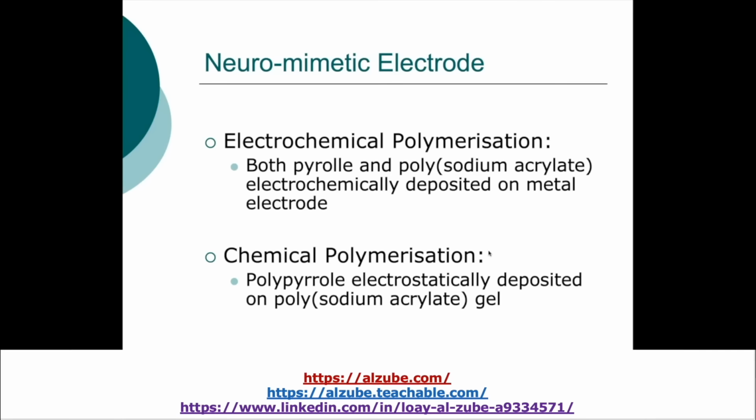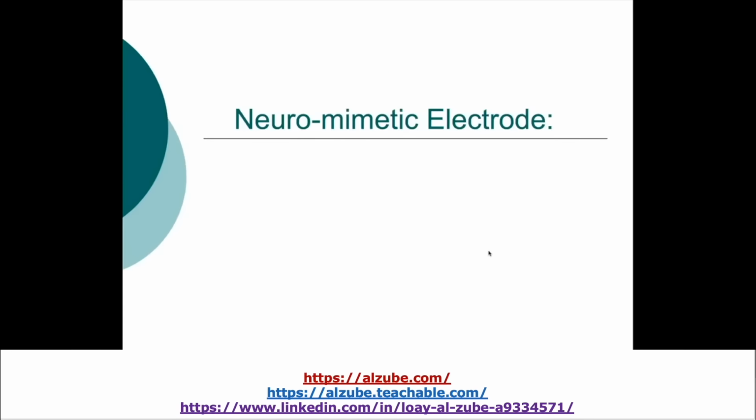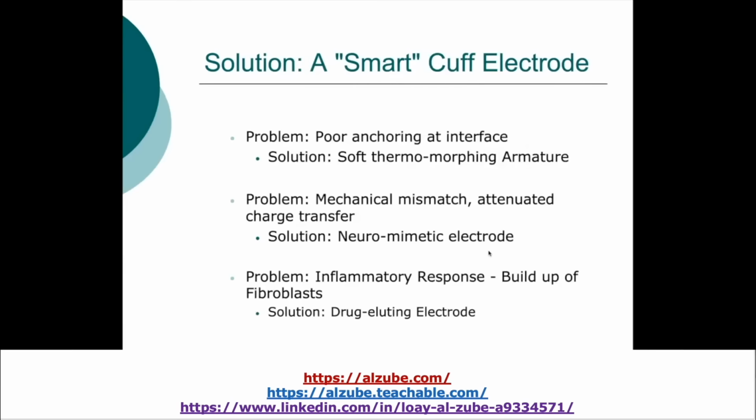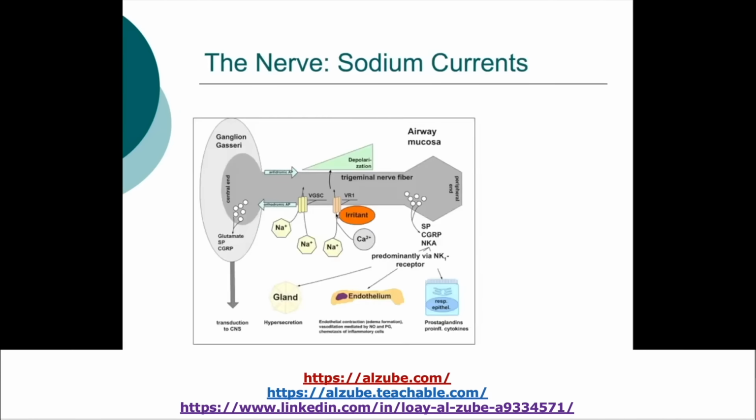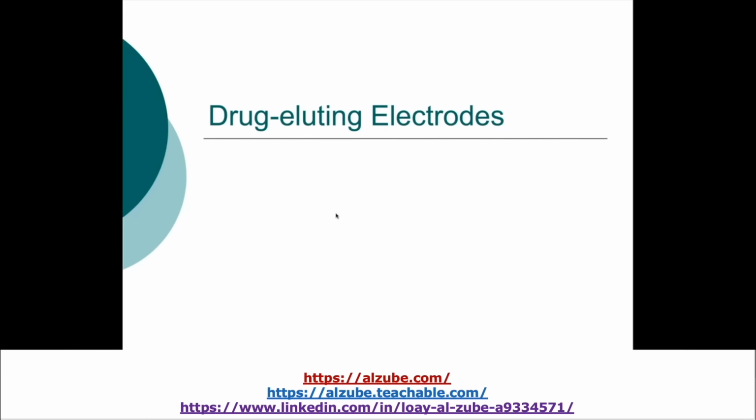I don't want you to get into details for the neuromimetic electrodes, but the fact that we would like to create electrodes that have better mechanical matching with the neurons, as well as to reduce the attenuation when we transfer the charges. And I think the last thing is the drug-eluting electrodes. Those electrodes are made in order to improve biocompatibility of the electrodes.